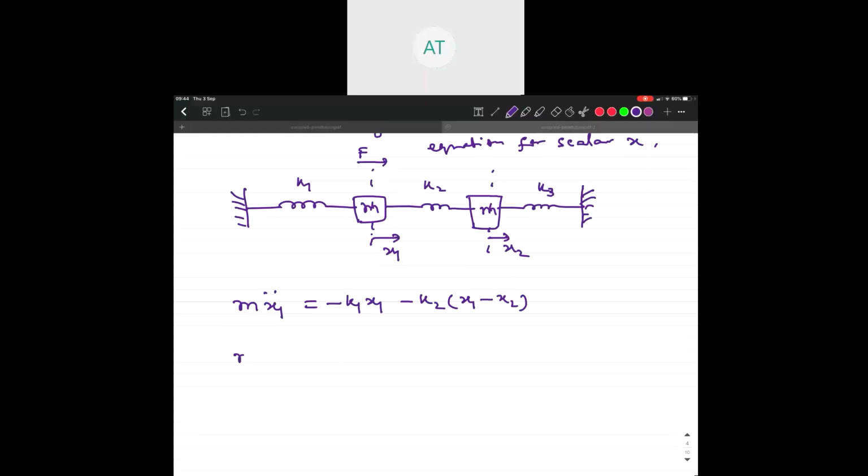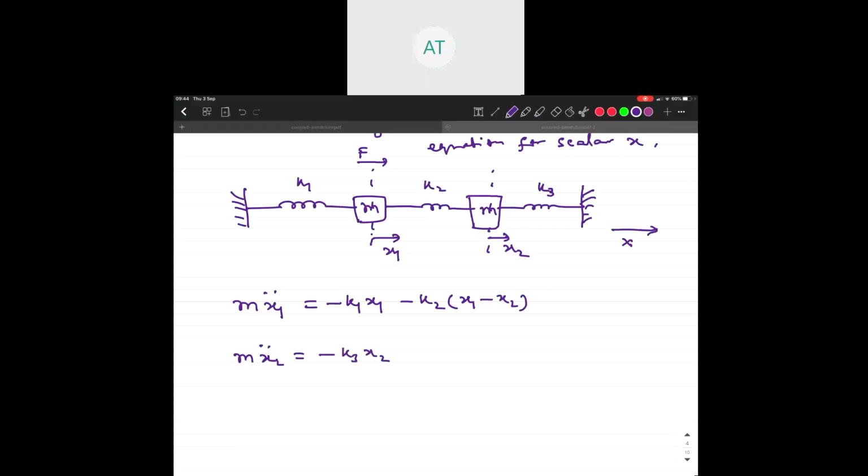In a similar manner, we can write down the equation of motion for the second mass, where the deflection is x2 double dot. In this case, the spring k3 is compressed in the positive x direction. So if this is the positive x direction or the force direction, then the restoring force is in the opposite way, so it undergoes minus k3 x2.